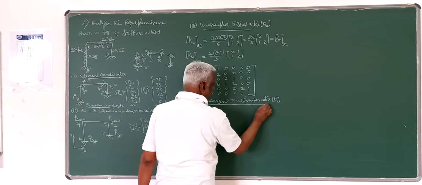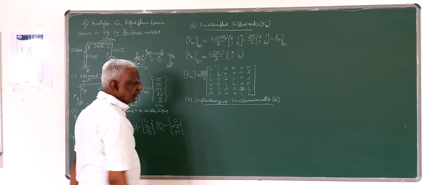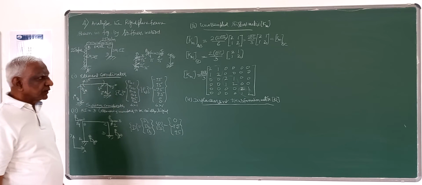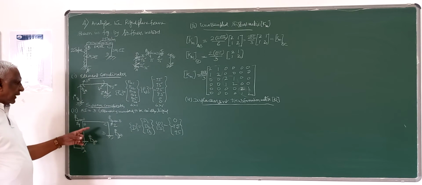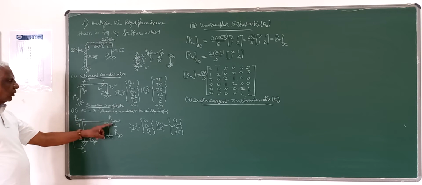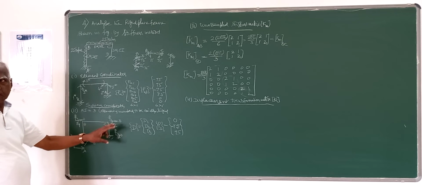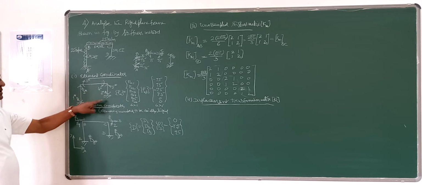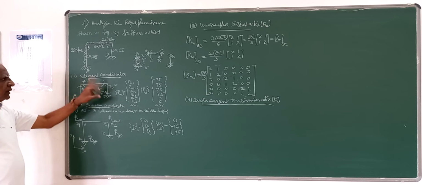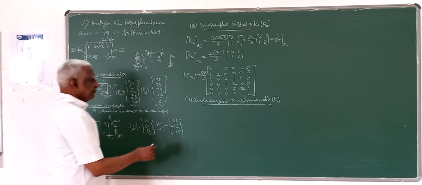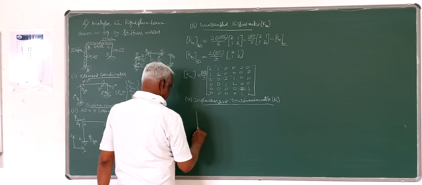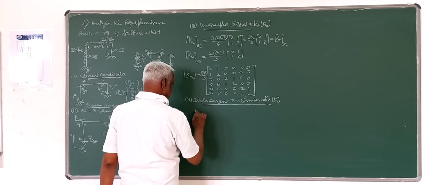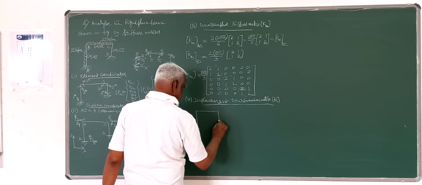Each column of this matrix R you can generate by applying unit load along this global coordinate or system coordinate one at a time and finding the corresponding displacements corresponding to element coordinates. So I have to take that structure like this.